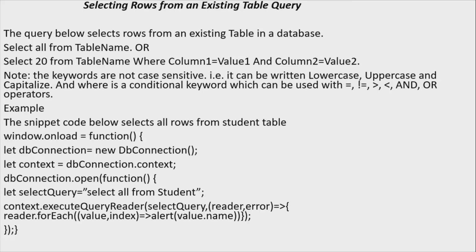That means we cannot delete it. Before we can delete it, we have to delete it first from the course table, and then we can delete it in the student table.